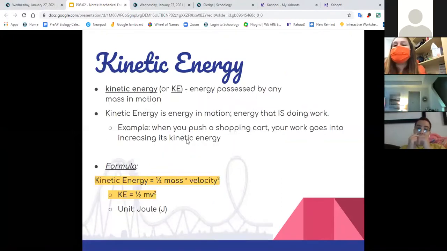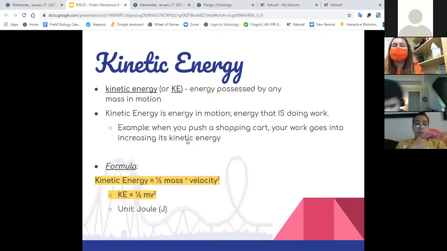All right, so this is kinetic energy. Sometimes I'll write it as KE, other times I will write it out as kinetic energy, but they both mean the same thing. This is energy possessed by any mass in motion. So again, anything that's moving has kinetic energy. Kinetic energy is energy in motion. It's energy that is doing work.